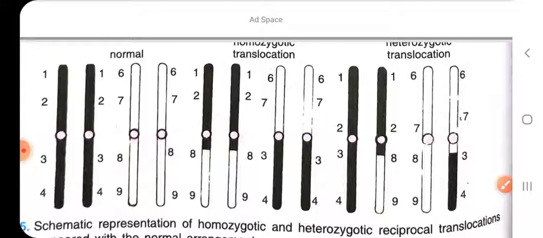So in reciprocal translocation heterozygote, the two normal and two interchanged, that means translocated chromosomes, pair together to form a cross shaped configuration at the pachytene stage of meiosis, whereas the two normal chromosomes form a bivalent like structure. Bivalents are the normal chromosomes which actually refer to the homologous pair of chromosomes.